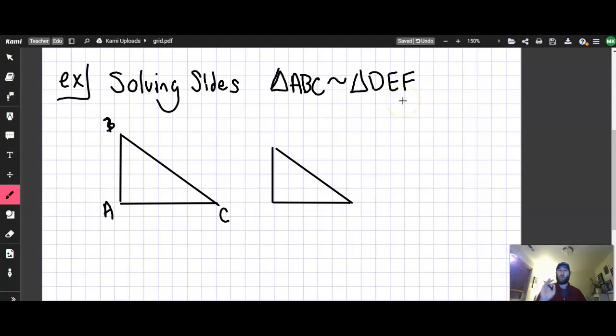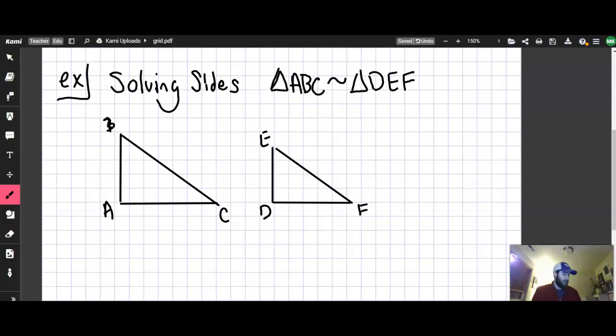The actual order makes it match. And so A matches with D. Boom. B with E, and C with F. And so that's how we're going to be able to tell which angles are matching and which sides are proportional.